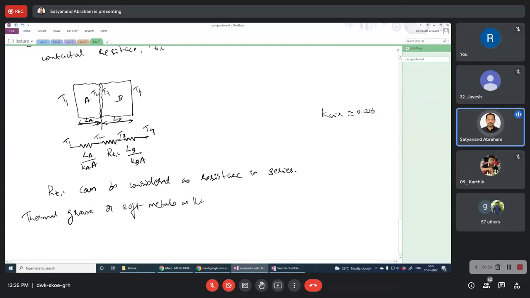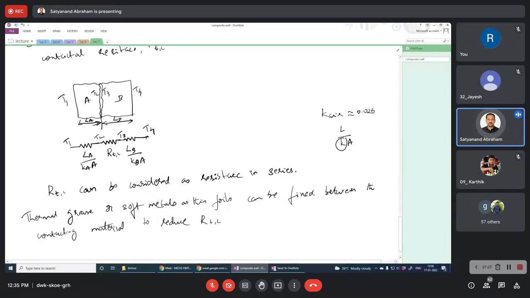Okay, soft metals are thin foils that can be fixed between the contacting material to reduce R_TC, the thermal contact resistance. Okay, so contact resistance, we know, is L by KA.